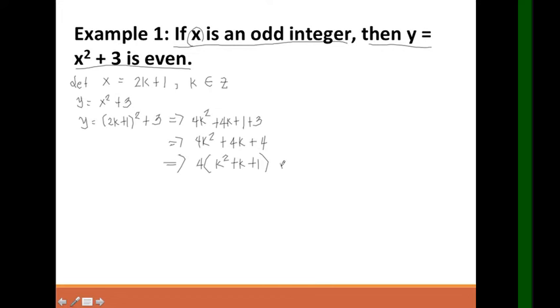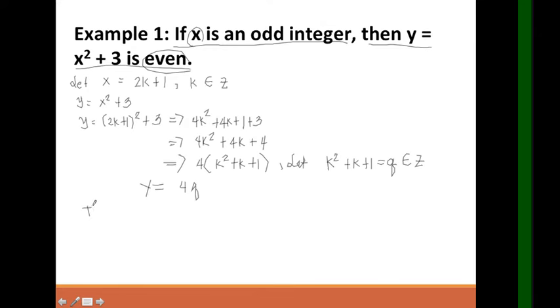Just let k squared plus k plus 1 equal q, such that q is an element of Z. So, the answer for y is 4q. And 4q is an even number.